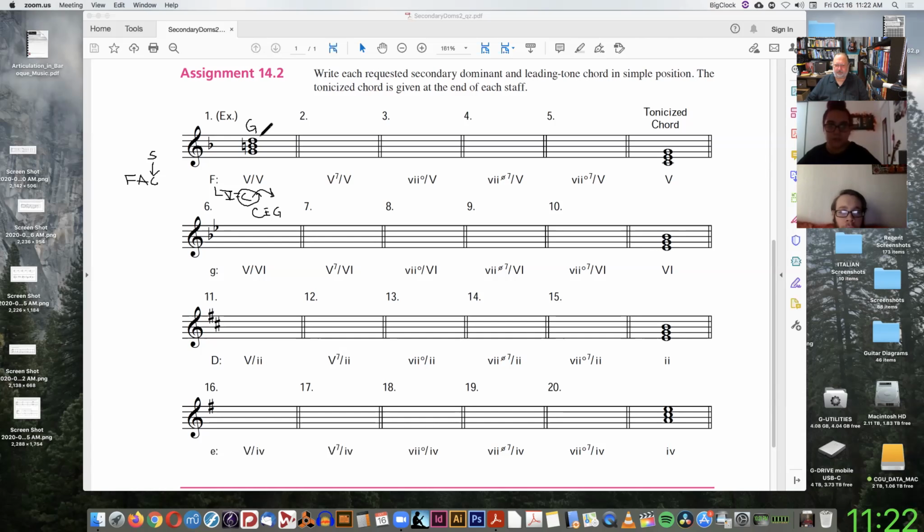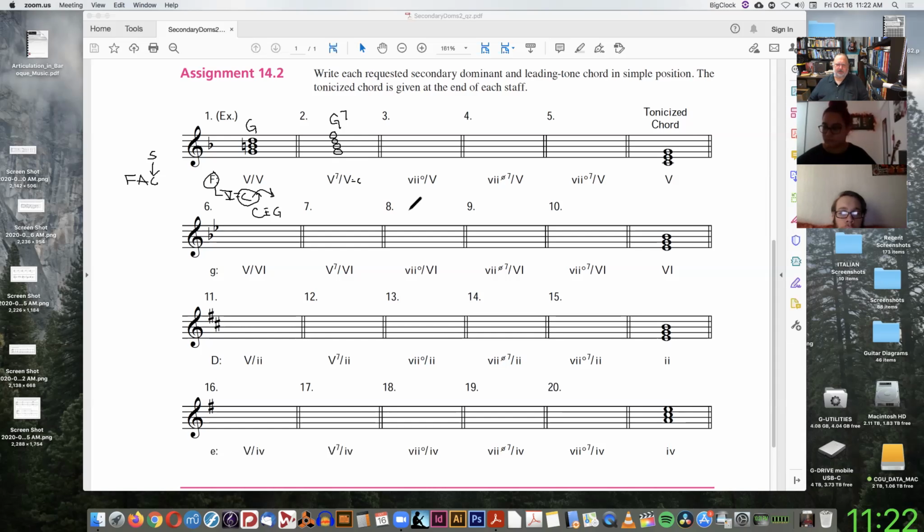Add F. Well, we're in the key of F, and it's still the 5 chord. 5 chord is still C, right? Yeah, so it'll be a G7, so all you have to do is add an F to it. Good. Now here's some new territory.